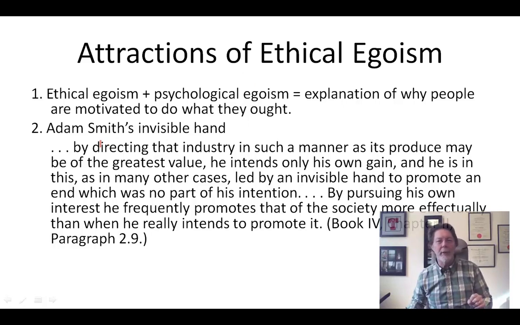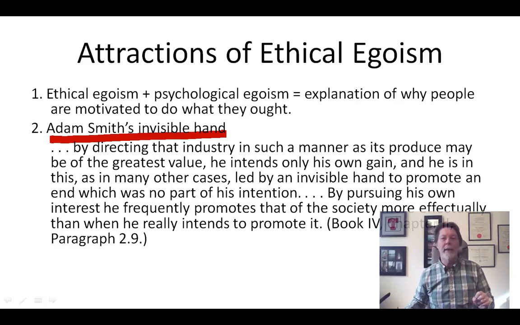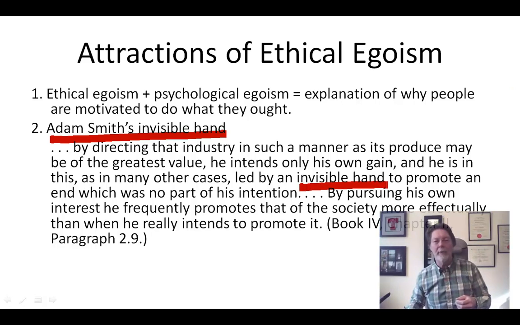There's also another argument from a famous saying by Adam Smith about the market and the invisible hand of the market. Adam Smith wrote that the market, by directing that industry in such a manner as its produce may be of the greatest value, he intends only his own gain. And he is in this, as in many cases, led by an invisible hand, you must recall that from studying economics, to promote an end that was no part of his intention, because the person was self-interested.